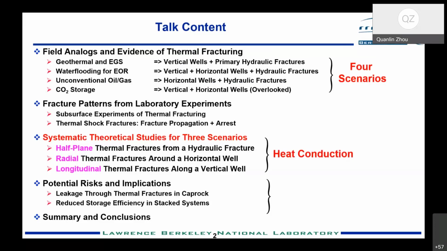Then I will show fracture patterns from laboratory experiments, and then systematic theoretical studies for 3 scenarios: half-plane thermal fractures from a hydraulic fracture, radial thermal fractures around a horizontal well, and longitudinal thermal fractures along a vertical well, all with heat conduction only. Finally, I will point out the potential risks of thermal fracturing.